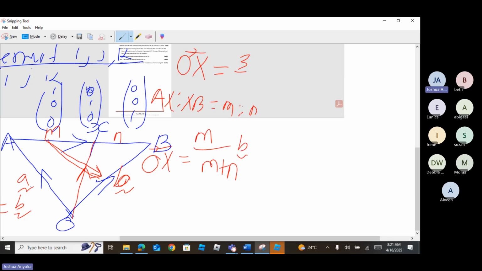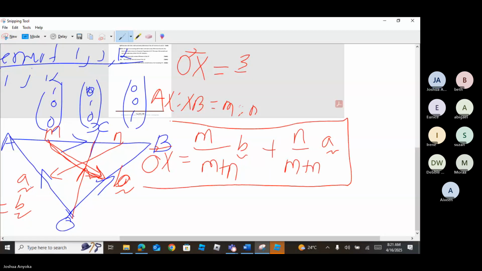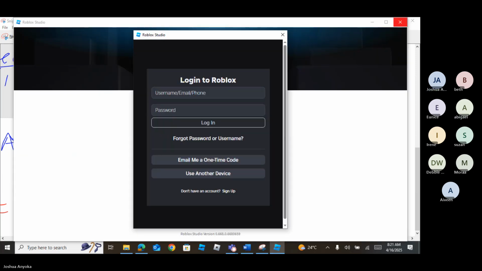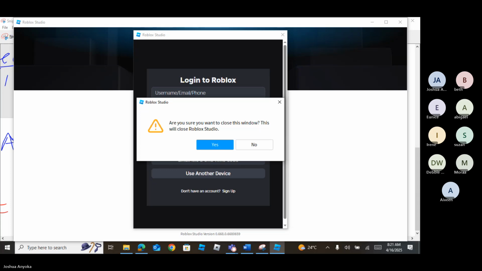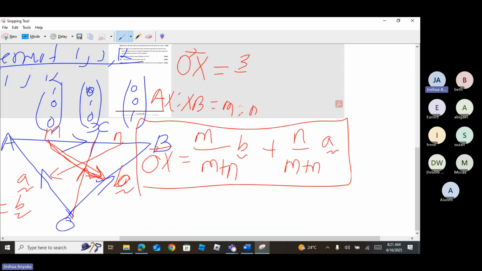So we focus on m to this side, and n will go to this side, plus n over the total ratio, m plus n, and then a. That's how we use the ratio theorem to determine the position vector OX.